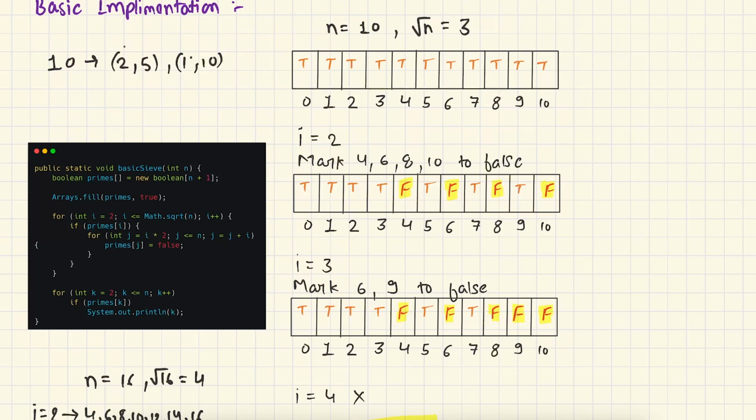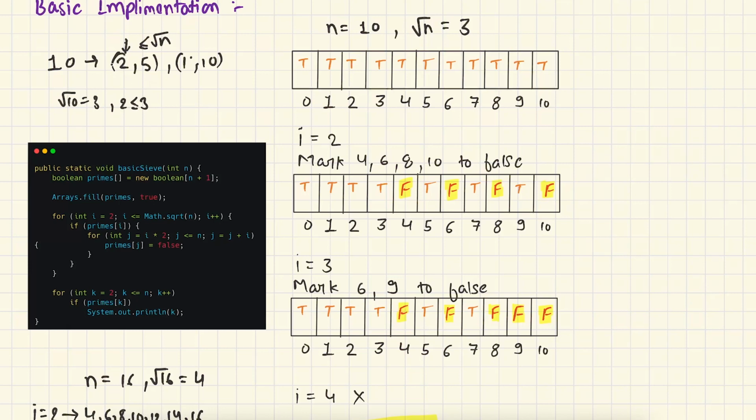So the divisors always appear in pairs, and the first divisor is always going to be less than or equal to the square root of n. The square root of 10 is about 3, and 2 is always less than or equal to 3. It happens with all the numbers.